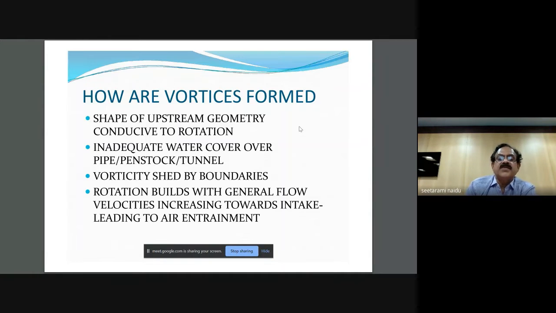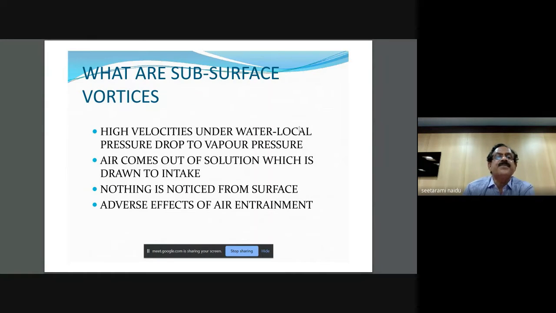Rotation builds up with the flow velocities increasing towards the intake, leading to air entrainment. Subsurface vortices have high velocities under water, and local pressure drops to vapor pressure. Air comes out of solution and is drawn into the intake. Nothing is noticed from the surface, but the adverse effects of air entrainment lead to inefficient operation of pumps.